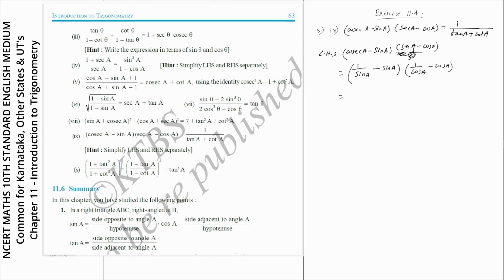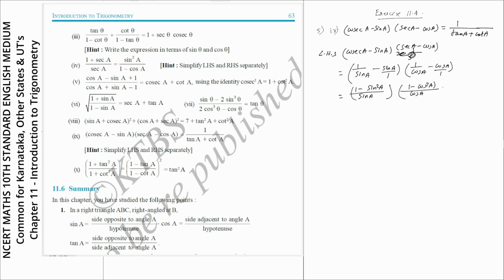So I'll take LCM. sin A means sin A by 1, cos A means cos A by 1. So LCM of sin A and 1 is sin A only. So 1 minus sin square A I'll get here. LCM of cos A and 1 is cos A. So here 1 minus cos square A I will get.